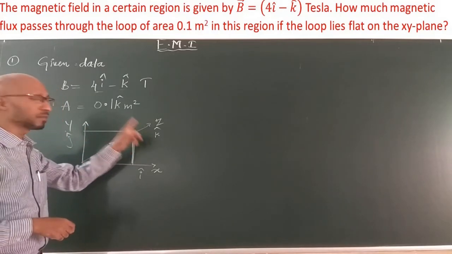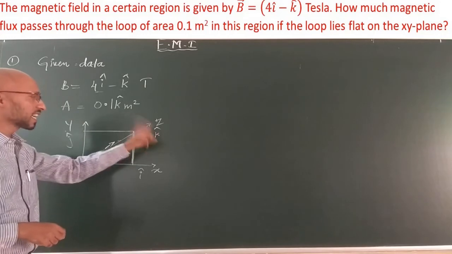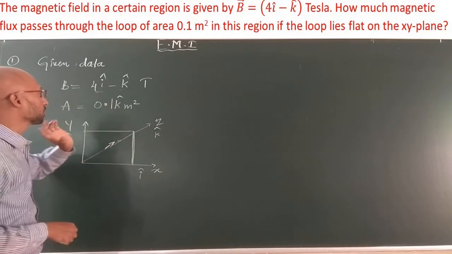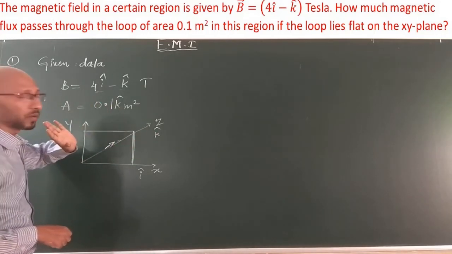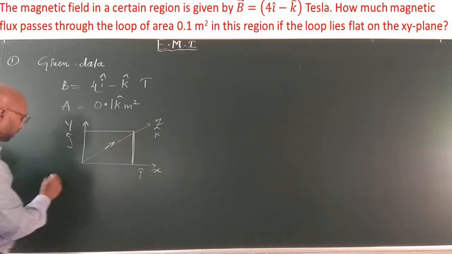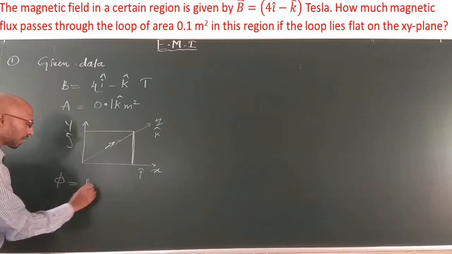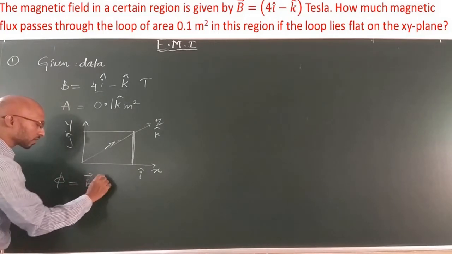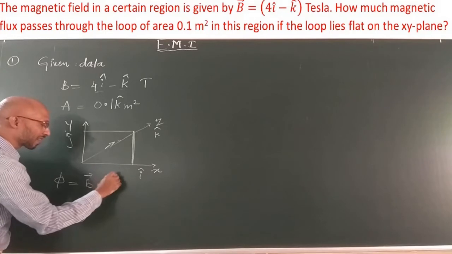Normal to the xy plane is z, that is the k unit vector. That is one understanding required. Now, what is the formula for the flux? Flux is B vector dot A vector.